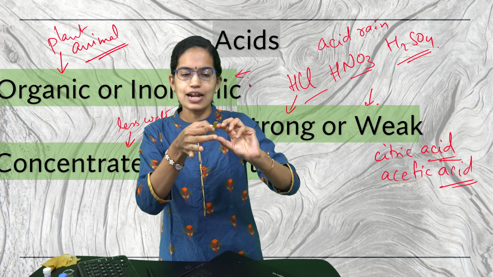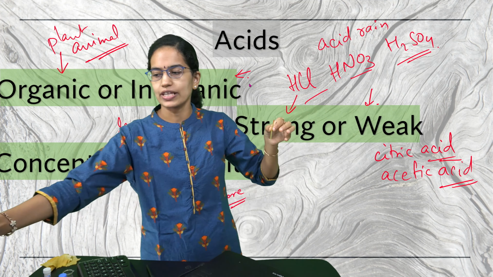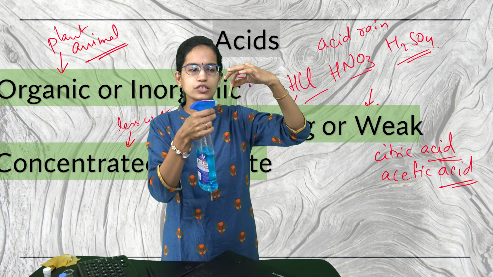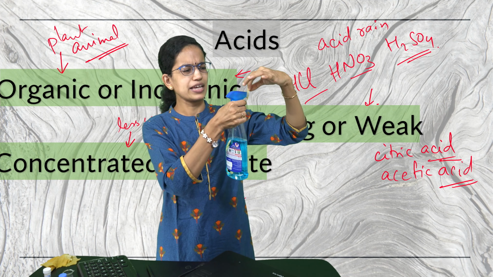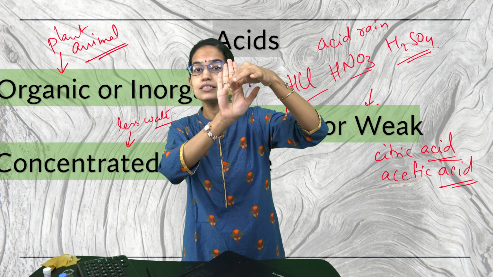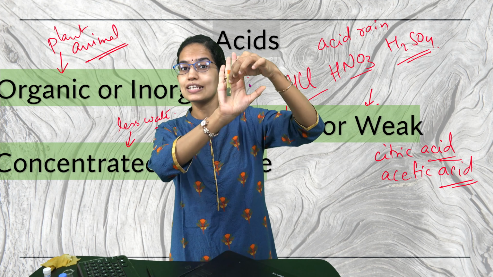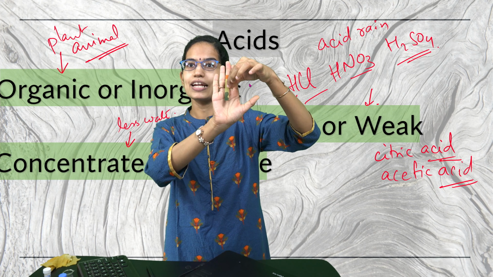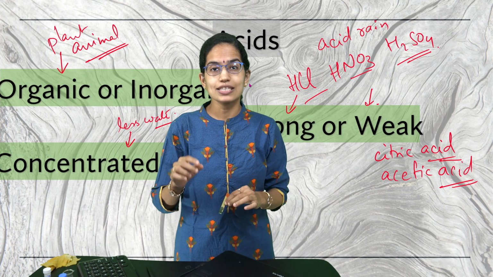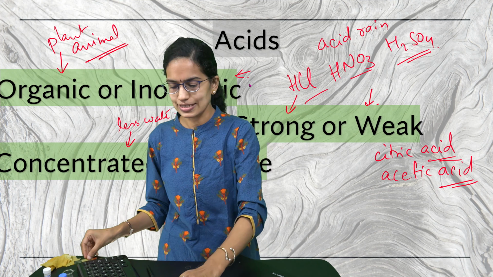Now we would understand base in a while, but just to have an example, I have choline, which is the glass cleaner, and with this choline I just put a spray here. And as you can see, this universal indicator turns blue, indicating that this is basic in nature. So this is how we understand acids.